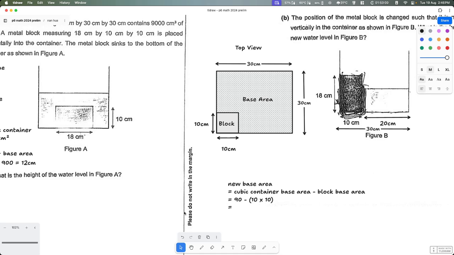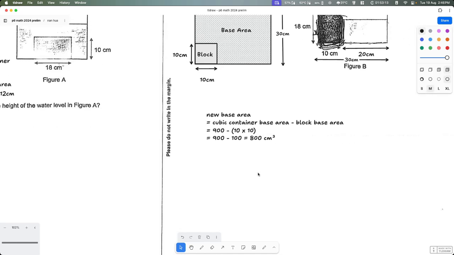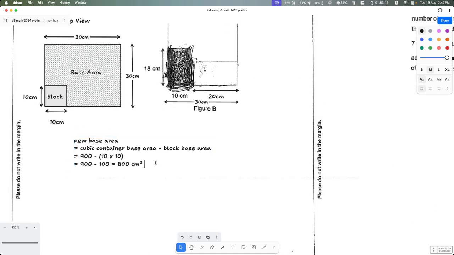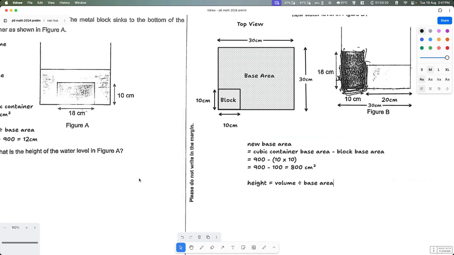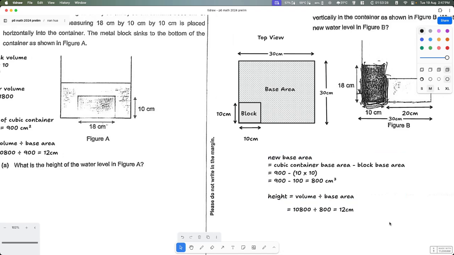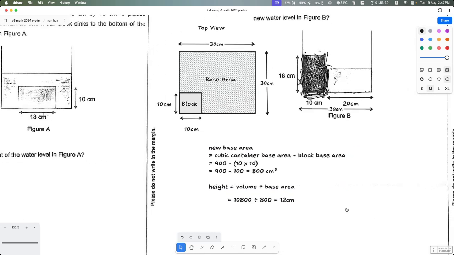So this is 900 minus 100, which equals 800 centimeter square. So now we know the new base area. The formula is always the same: height is equal to the volume divided by the base area. In this case, the base area is no longer 900, but 800 instead. So with that said, we can just divide 10,800.